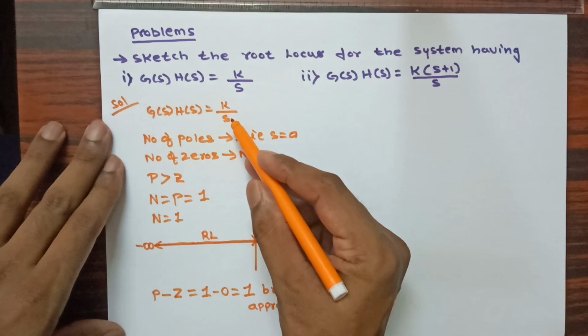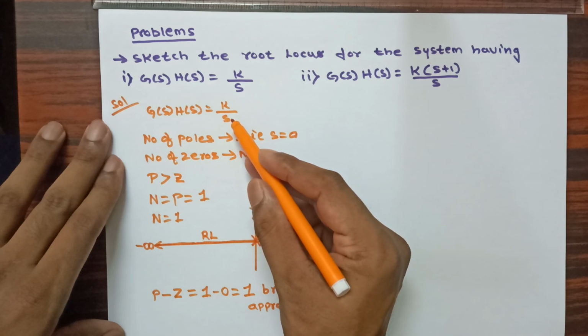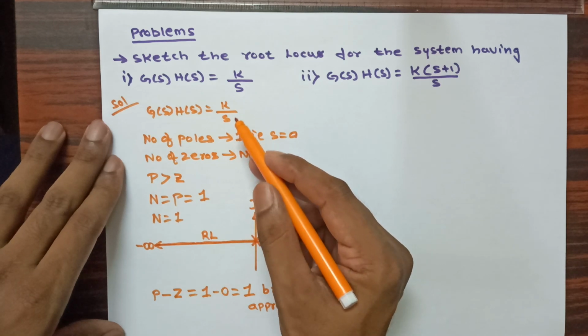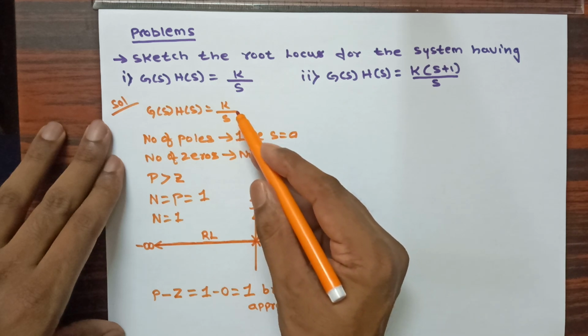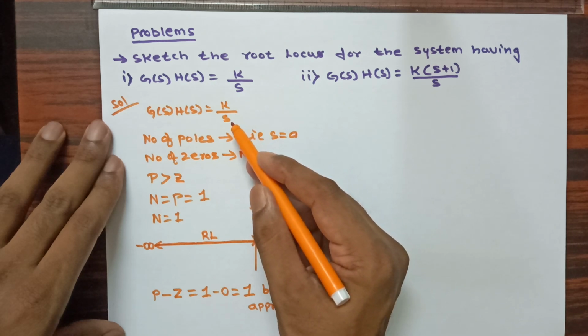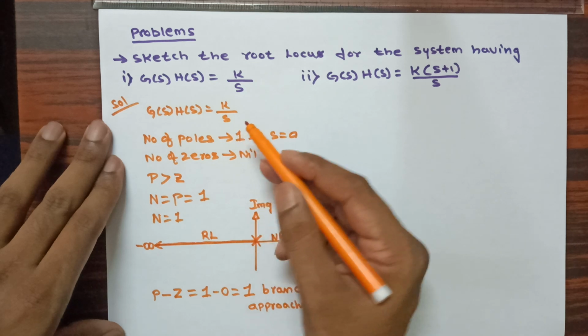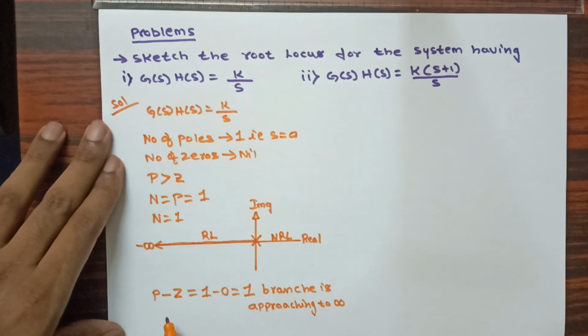We know that he has given only one pole and he has not given any zero to end for this pole. Therefore if there is no zero to end, then the pole will approach infinity. So in this way we identify the number of branches approaching infinity, that is number of poles minus number of zeros.